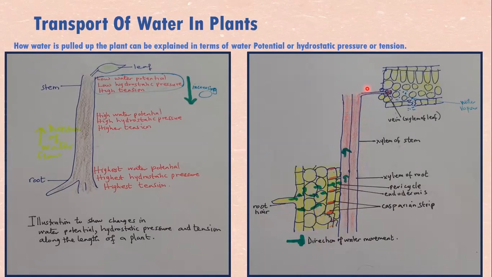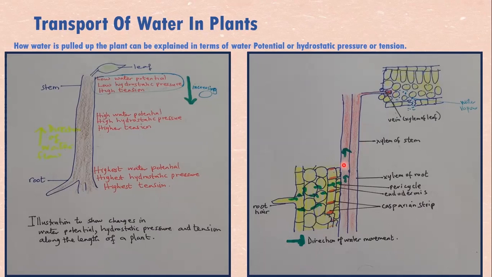Then we can also say that water is moved up the plant from the soil water through the roots because tension pulls the water. So these are ways by which to describe how water moves up: by water potential, hydrostatic pressure, or tension. You meet all these terms when you talk about transport of water in plants.